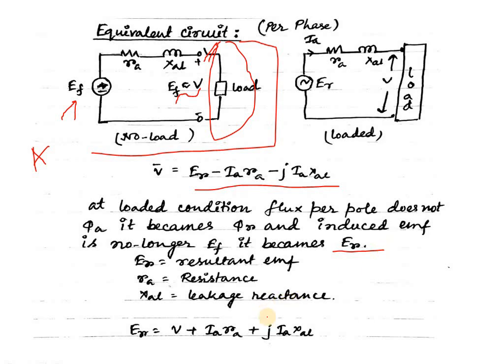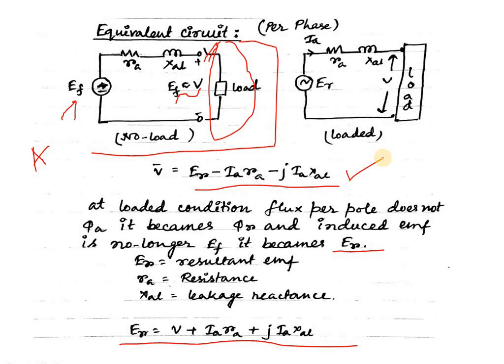So the resultant EMF equals V + IARA + jIAXAL. Whereas in case of no load, the voltage equation is V equals ER or EF, almost the same value, at no load condition.